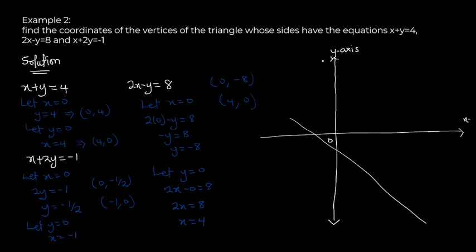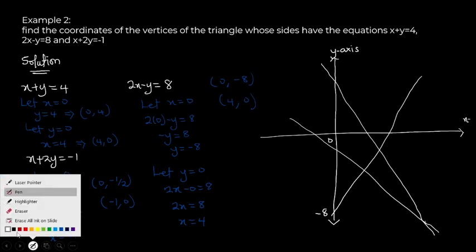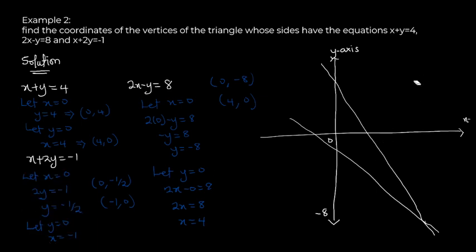Another line coming from the top to the bottom somewhere here, and then another line passing to cut the line over here, meeting at a point over here, negative 8 over here. Then here will be a point 4, sorry, the eraser.